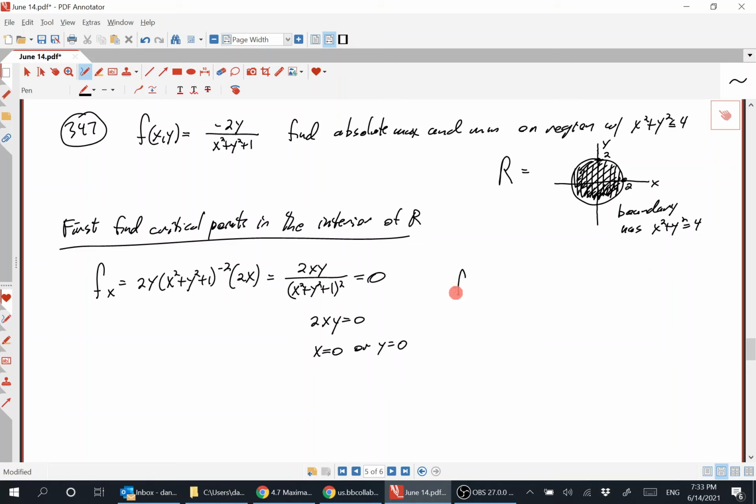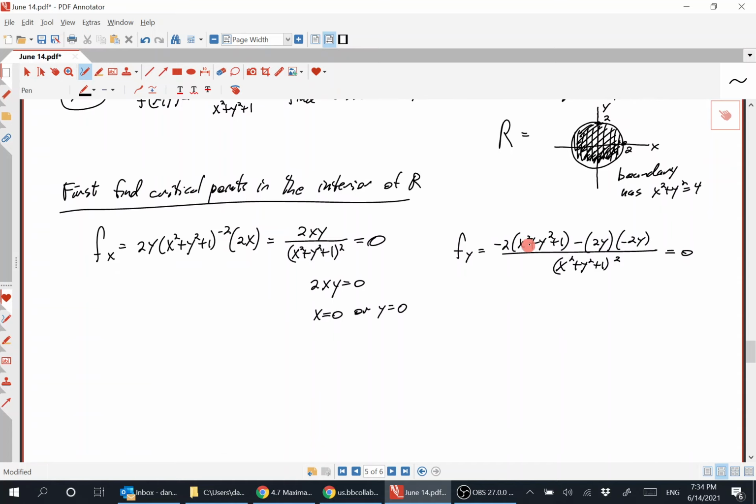And now the partial derivative with respect to y. So derivative of the top is minus 2 times the bottom, minus the derivative of the bottom, which is 2y, times the top, minus 2y, all over the bottom squared. Setting that equal to 0, so what do we have here? 4y squared minus 2y squared, so that's 2y squared minus 2x squared minus 2.